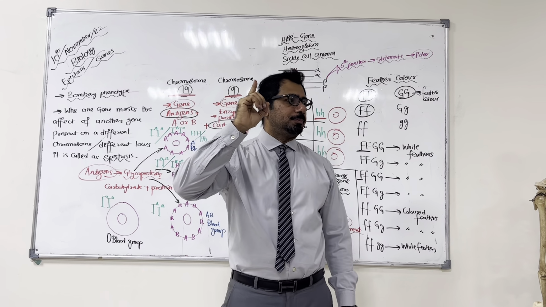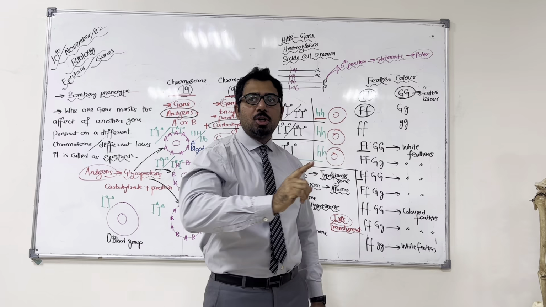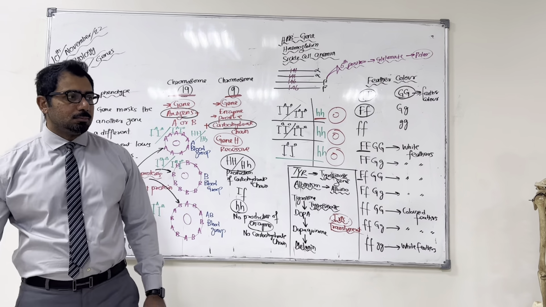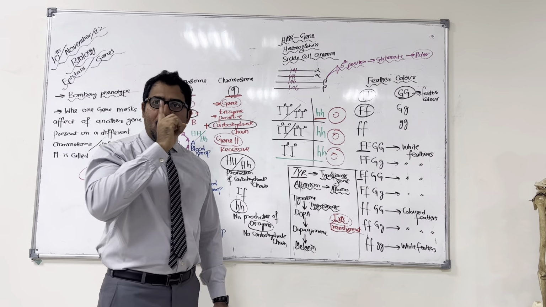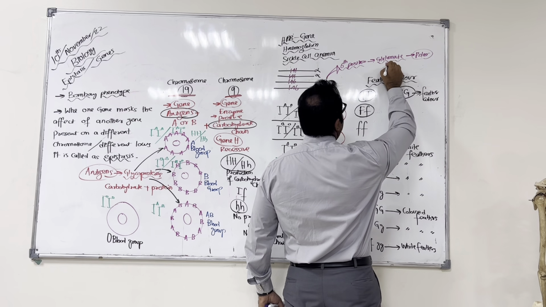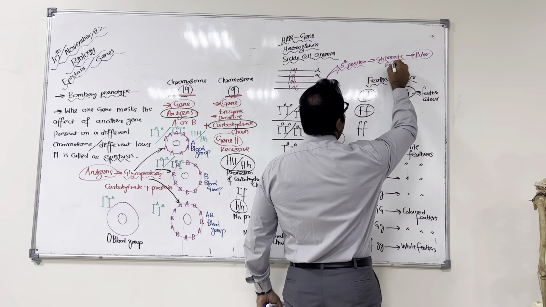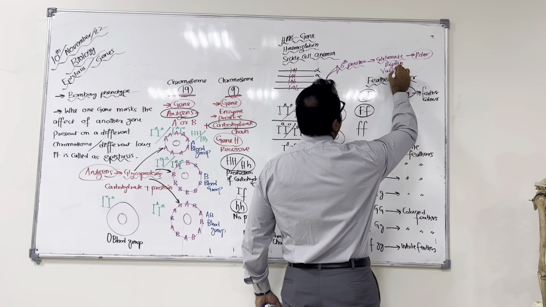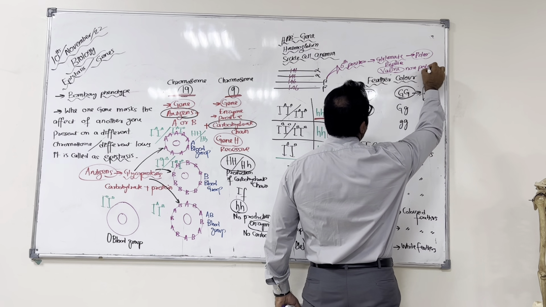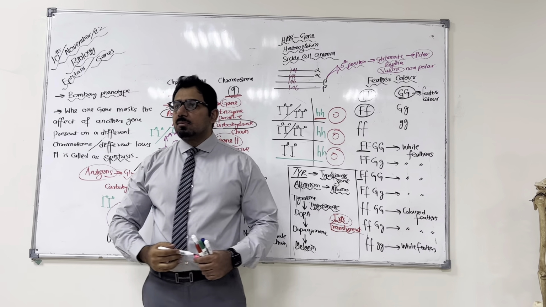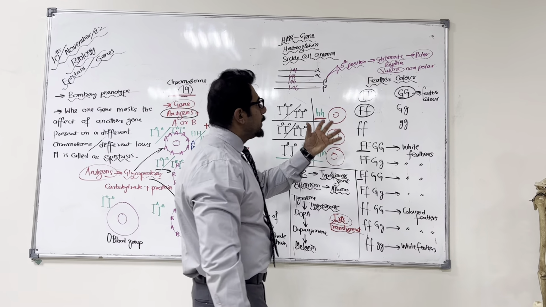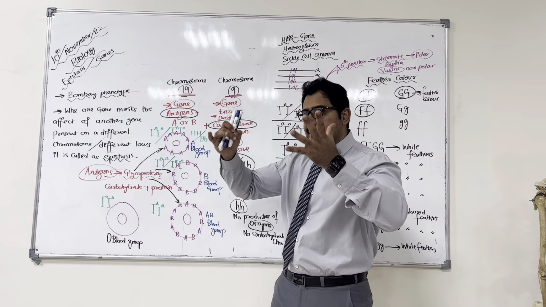Point mutation. Just a change in one nucleotide causes glutamate to be replaced by valine. And valine is non-polar. Now, the question is, when glutamate is replaced by valine, what is the effect?